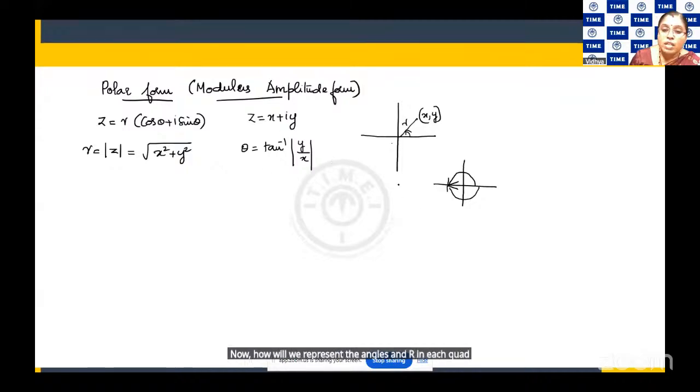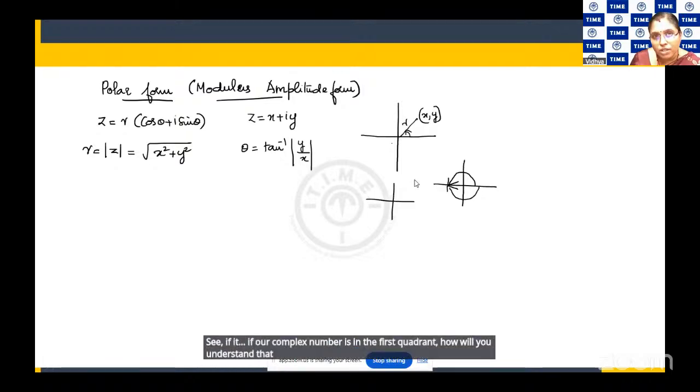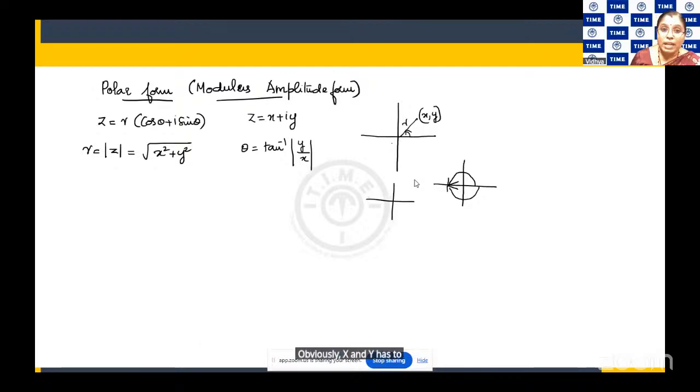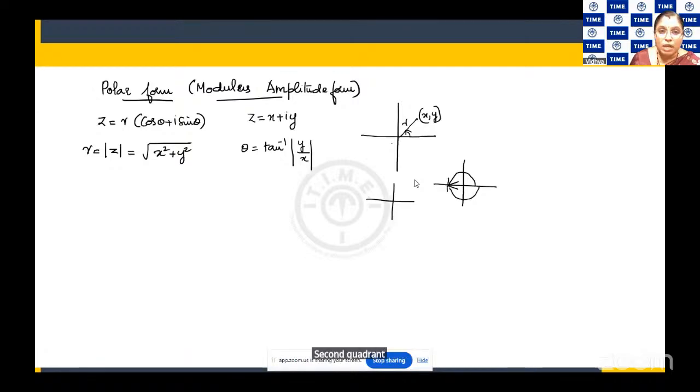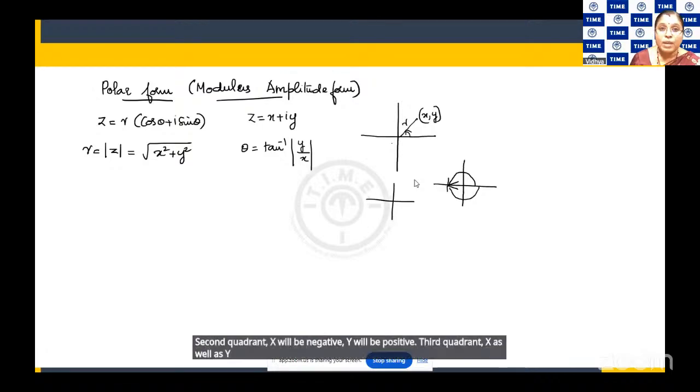I'll tell you. If our complex number is in the first quadrant, how will you understand that? Obviously, x and y have to be positive. When x and y are positive, we can say that our complex number is in the first quadrant. Second quadrant, x will be negative, y will be positive. Third quadrant, x as well as y have to be negative.